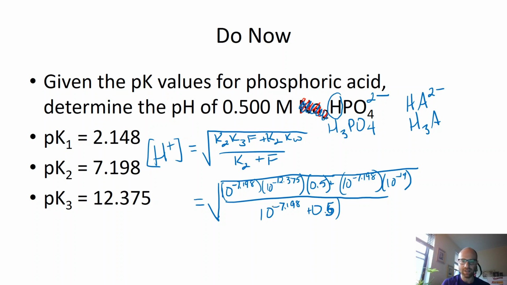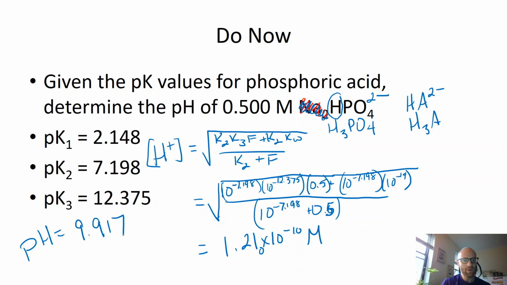Again, that should have three significant digits, but I think I've written enough. And what we get coming out of that is 1.21 times 10 to the negative 10th molar, which would then yield a pH value of 9.917. Hopefully that was easy for you as it was for me.